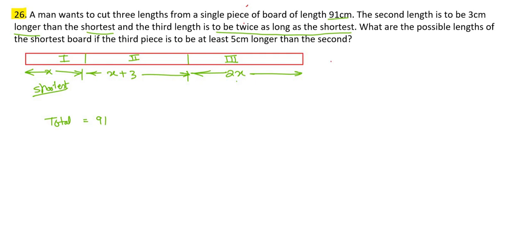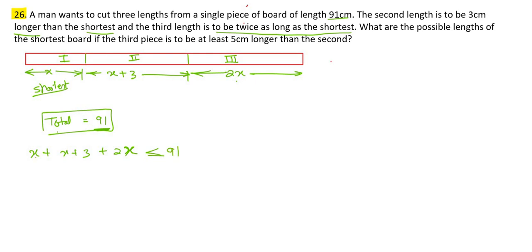The condition is that the sum of all 3 should not be more than 91. So let me write x plus x plus 3 plus 2x should be less than or equal to 91.